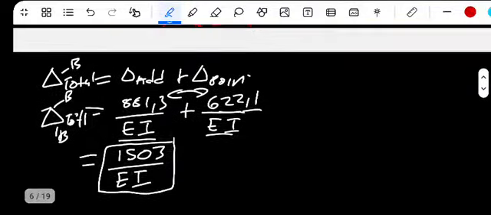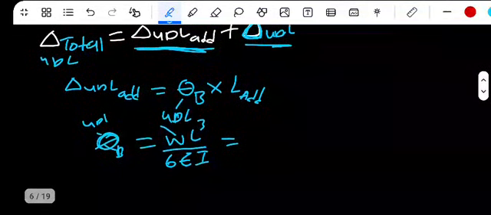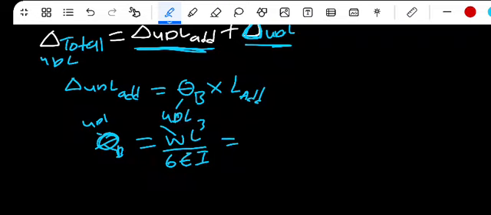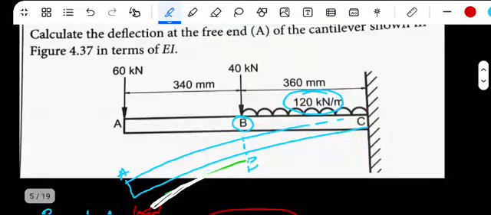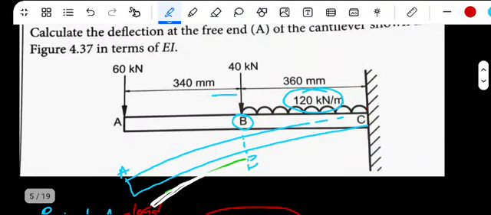So we have 120 kilonewtons times 10 to the power of 3. Then what will be the length? Focusing on the free side, it is this, going from there until there.